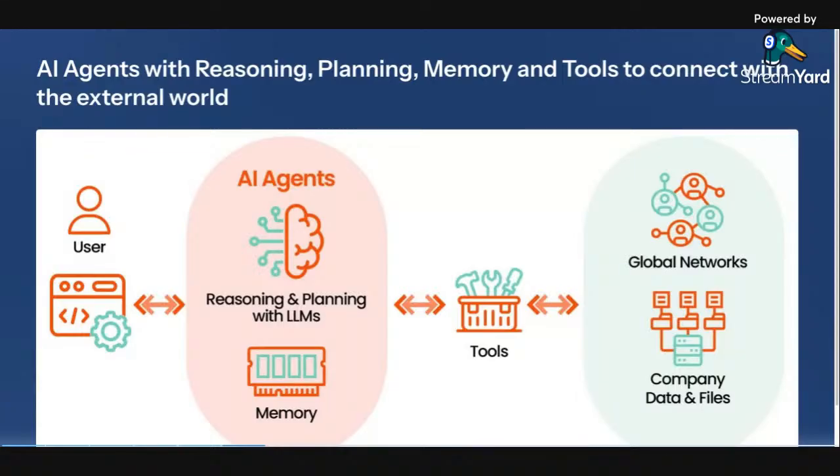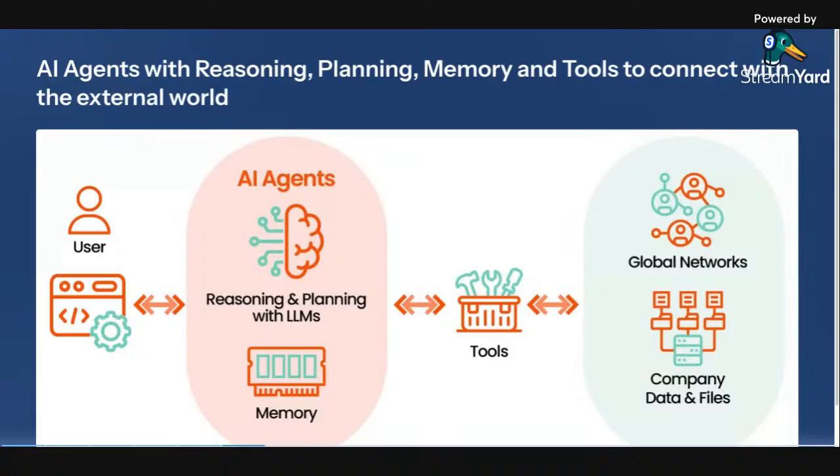So when I talk about AI agents and their capabilities of reasoning, planning, and memory with the different tools to connect with the external world, let's say here, as this figure shows, we can have one user that interacts with the AI agent that has reasoning and planning capabilities with LLM.